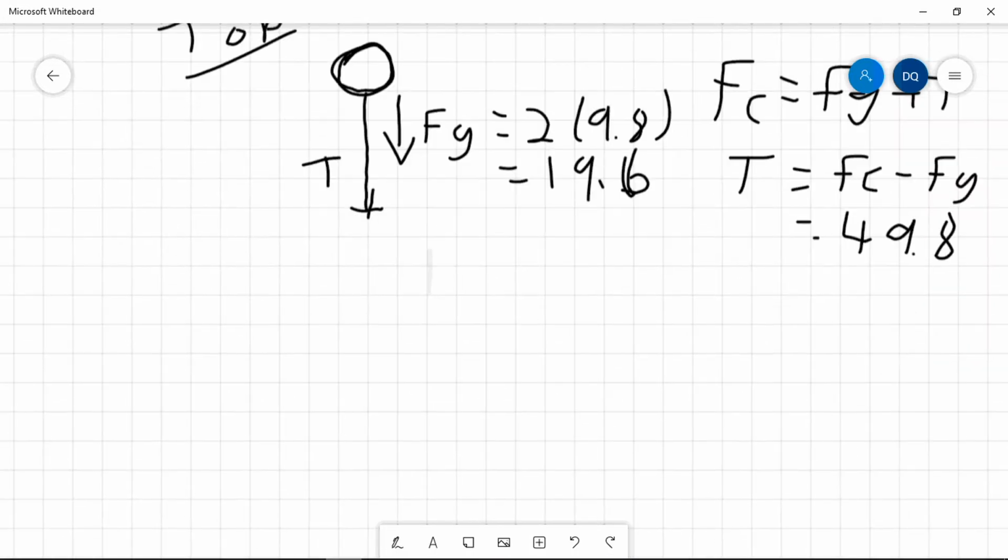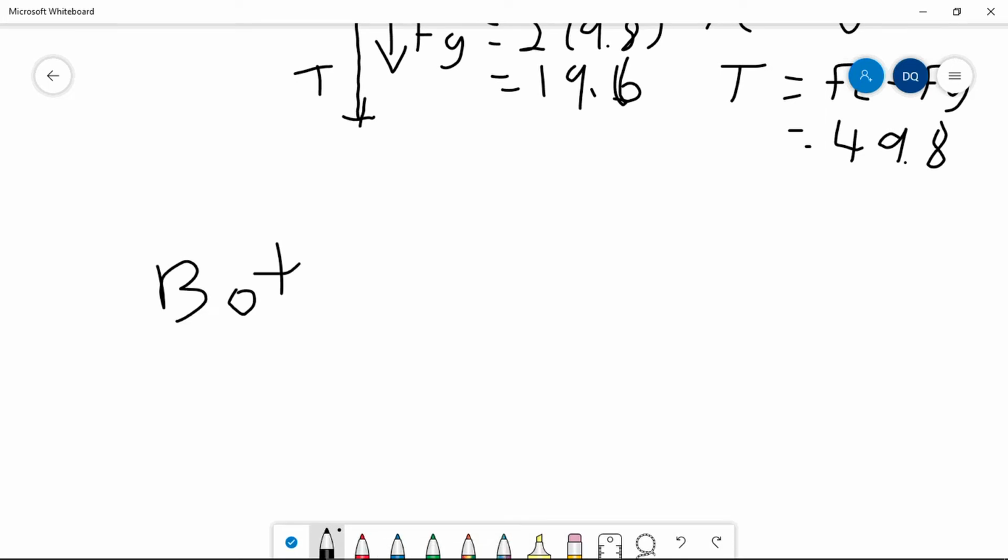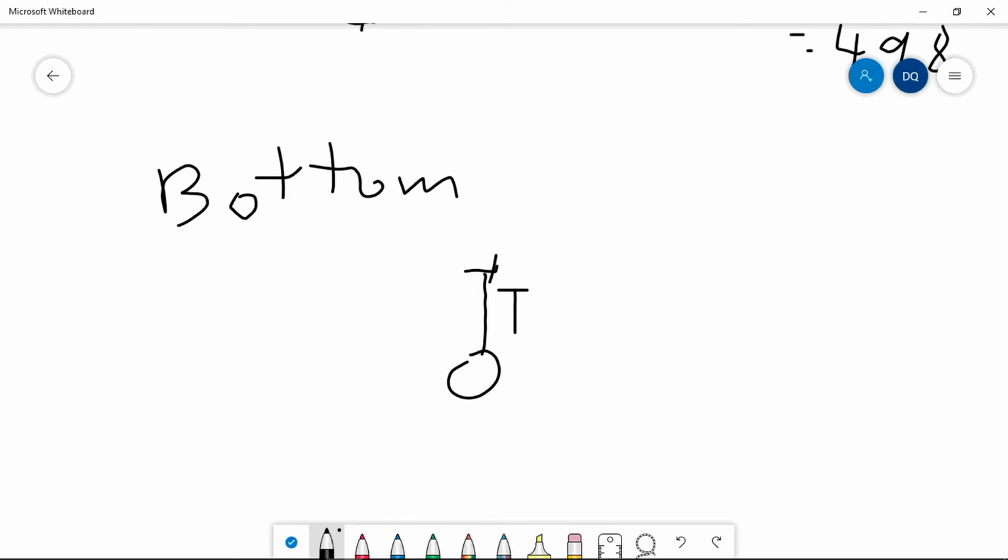Now let's consider when that bucket's at the bottom. So we've gone all the way around and our bucket is now at the bottom. There's your bucket, there's your arm, there's the shoulder. So we have tension in the arm, that's going up. The force of gravity is going down, and the net force is the centripetal force, and it's towards the center, so right now it's going up.